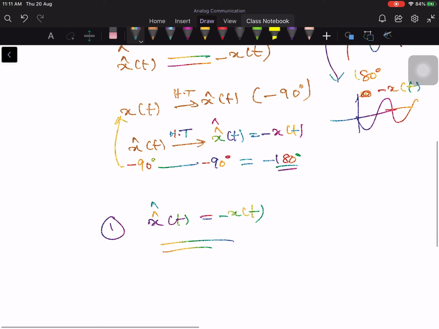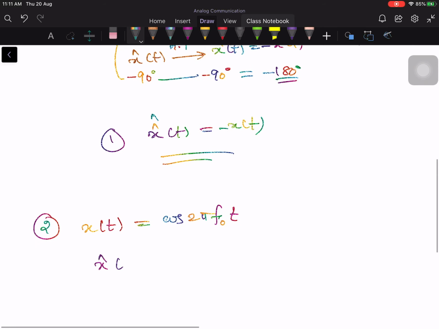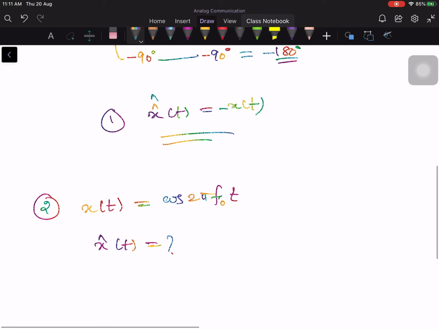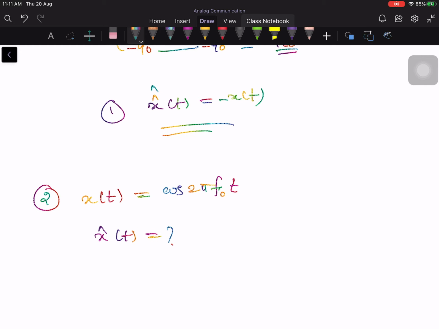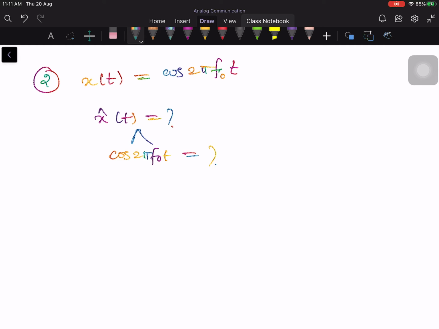And the second property: you take x of t equal to cos of 2 pi f naught t. Now what is x hat of t? That means we are asking the Hilbert transform of the cosinusoidal signal. So no need to go to mathematics, simply you can say, we said Hilbert transform introduces minus pi by 2 phase shift for every positive frequency.